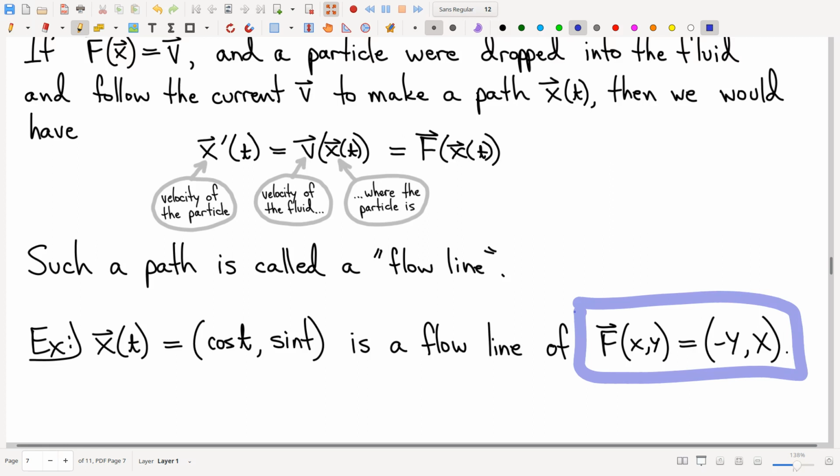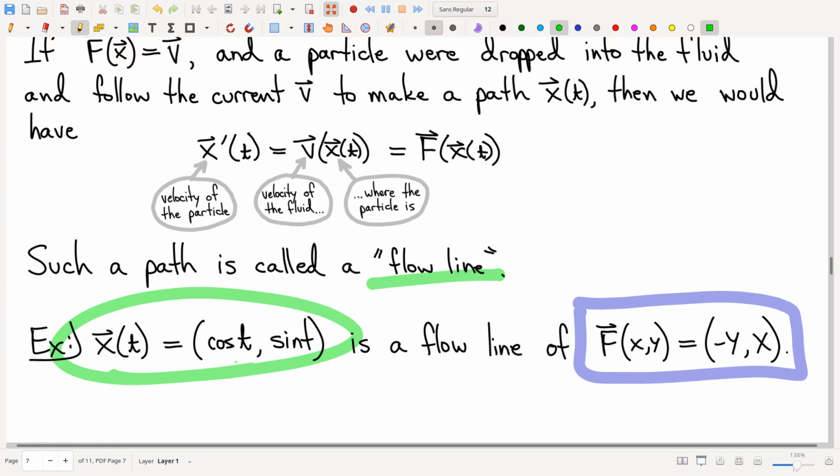If the fluid is kind of going around and around and around, what's a particle going to do if you drop it onto that surface of that liquid? That particle is going to go around in a circle, right? We would expect then for the flow line to be that, or a flow line, depending on where you drop the particle.